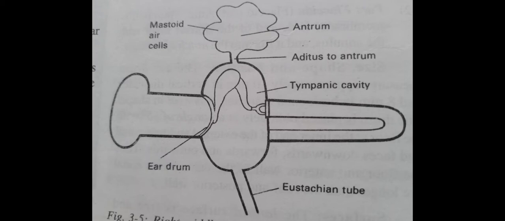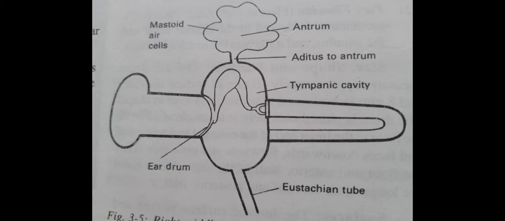The skin of this area has hair follicles in it and ceruminous glands are present. These ceruminous glands secrete wax. And the inner 2/3 portion of this canal is bony and the skin is very thin and it lacks the sebaceous and ceruminous glands.